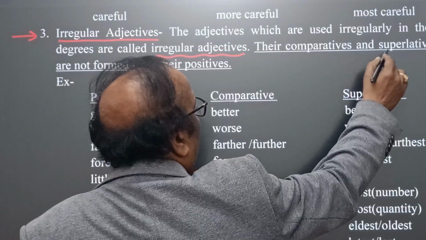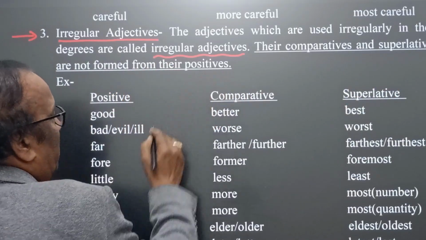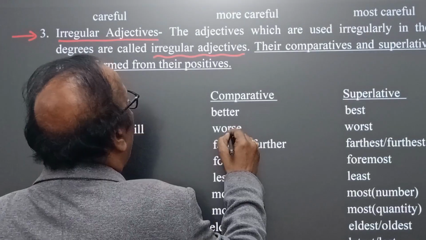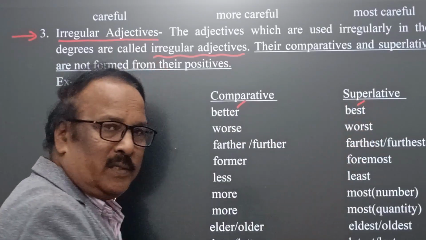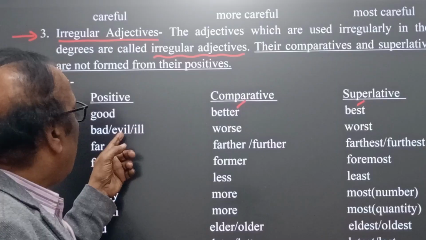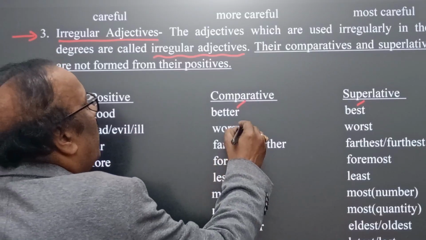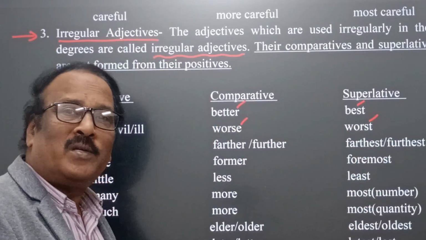Their comparative and superlatives are not formed from their positives. Yes, whenever positive degree is good, comparative degree is better, and superlative degree is best. Now come bad or evil or ill. Yes, in this case, the comparative degree is worse, the superlative degree is worst.